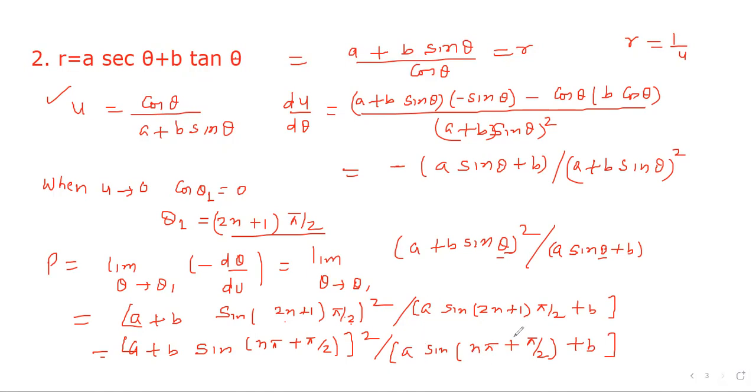Now further, sine n pi plus pi by 2 can be written as minus 1 power n sine pi by 2.